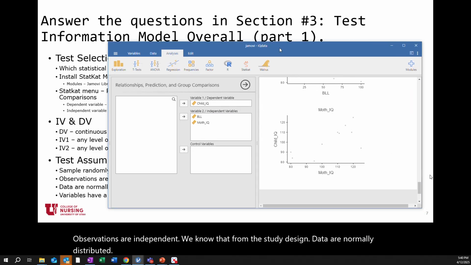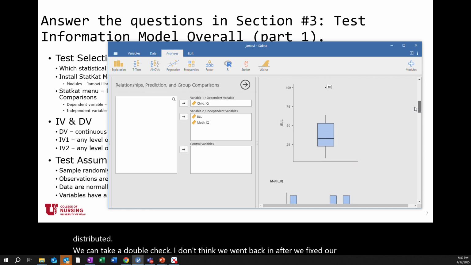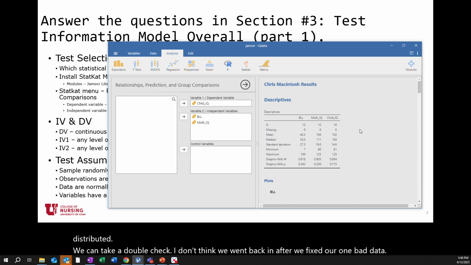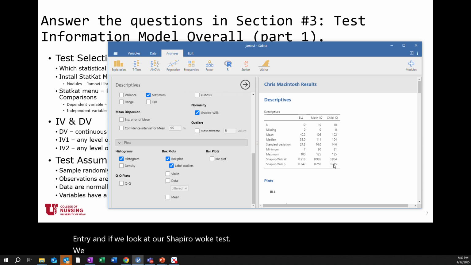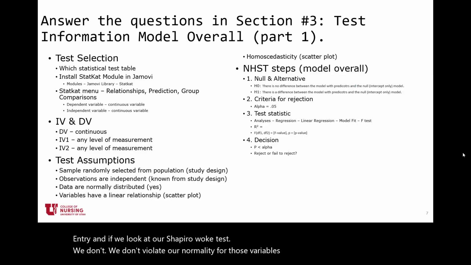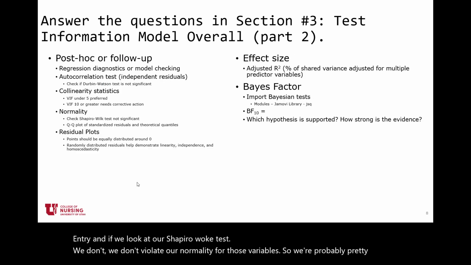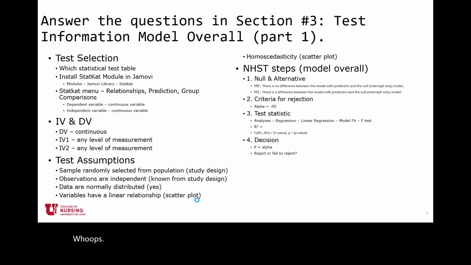We can double check. I don't think we went back after we fixed our one bad data entry, but if we look at our Shapiro-Wilk test, we don't violate normality for those variables, so we're probably pretty okay. Variables have a linear relationship.